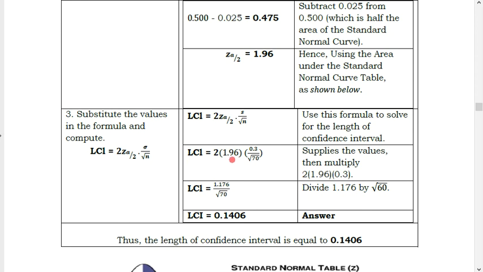Multiply 1.96 by 2 and then multiply the answer by 0.3. And then you will have 1.176 over the square root of 70. Okay? So, kuhanin mo muna yung square root of 70 and then divide 1.176 by the answer here. And then you will have an LCI of 0.1406, which is the length of the confidence interval.